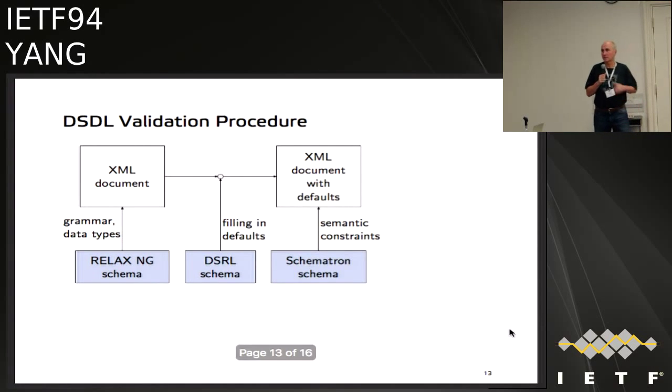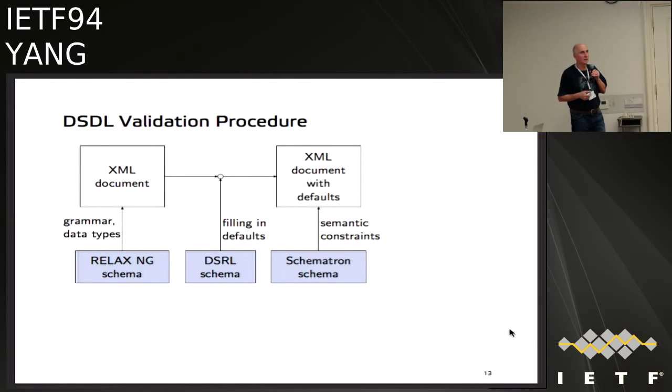This exactly follows the procedure for how an instance document is supposed to be validated against a Yang data model. We first have to check the structure, the grammar of the document, and data types. And this is what the RelaxNG schema does really well.